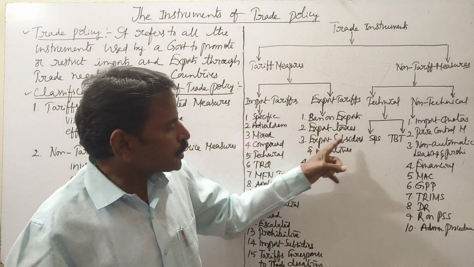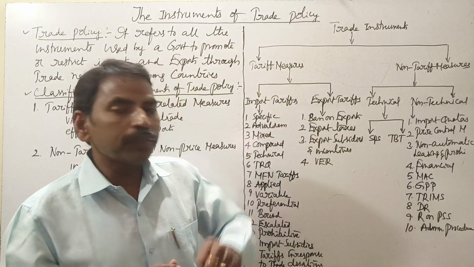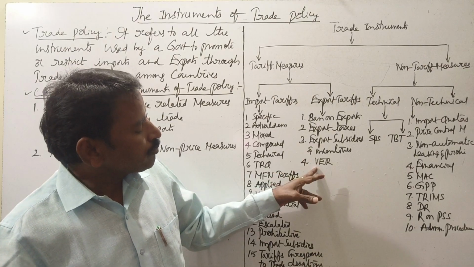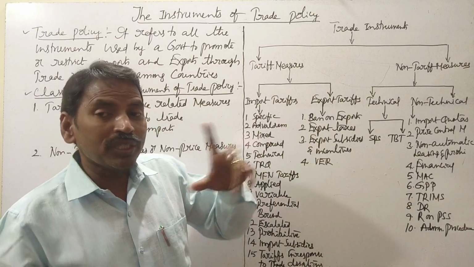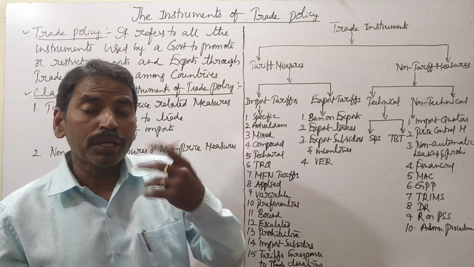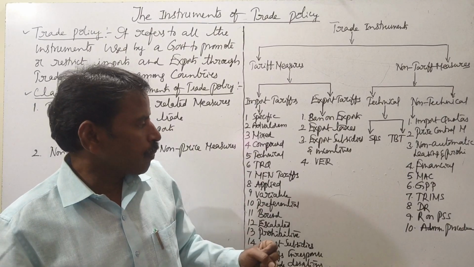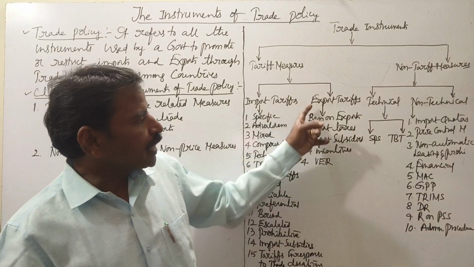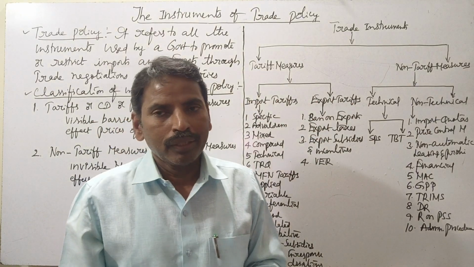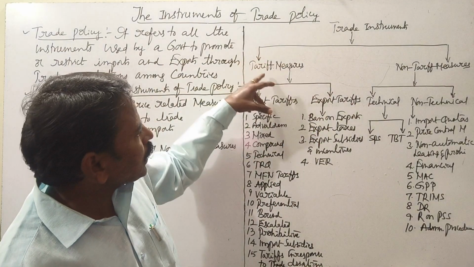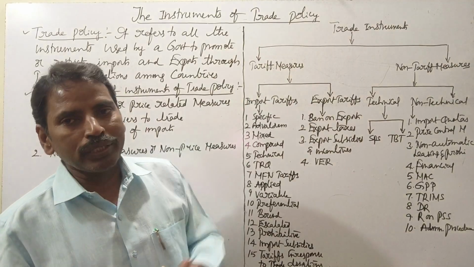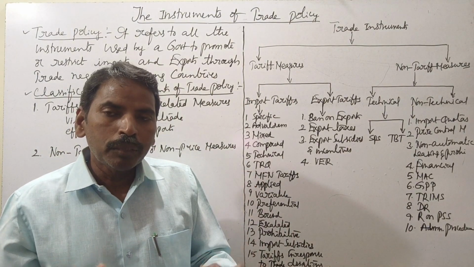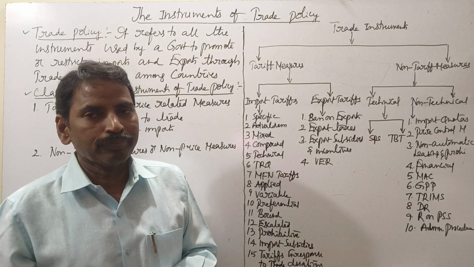Third one is export subsidies and incentives. Fourth one is voluntary export restraints. These are the four kinds of export tariff. This is an overview of tariff measures or customs duty or price related measures.